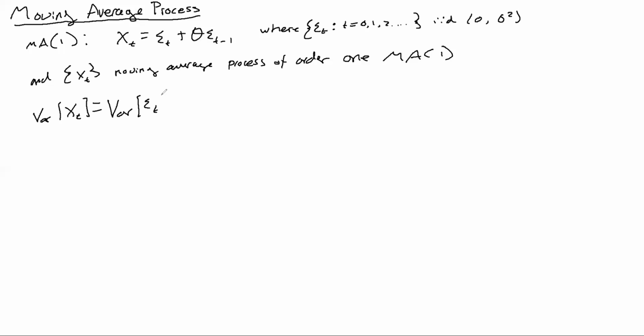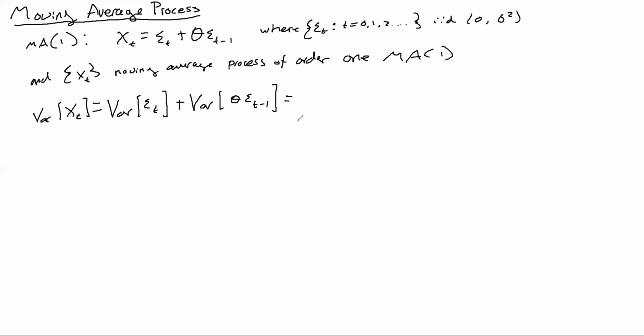So the variance of xt is going to be equal to the variance of our error term plus the variance of theta times our previous error term.